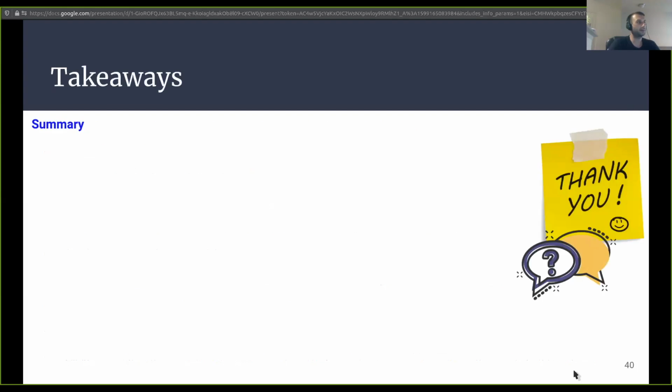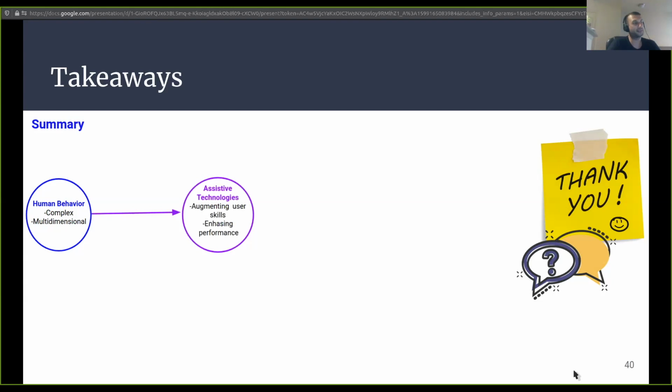So to sum up and finish, we talked initially about human behavior and how complex and multidimensional it can be. And we discussed how central a component it is towards designing any kind of assistive technology, whose purpose, on the other hand, is to enhance human performance.